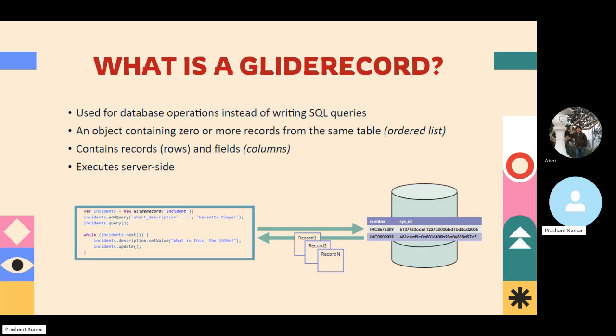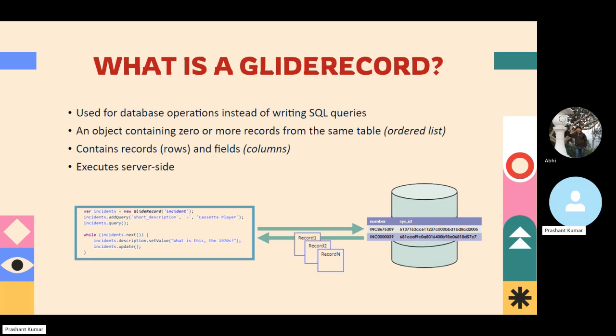So here we will see an SQL query, similar to how we used to do a query in SQL, like select star from table name, right? Select a specific column from this table and we will get the value. Similarly, we can use GlideRecord in ServiceNow, basically on the front end.